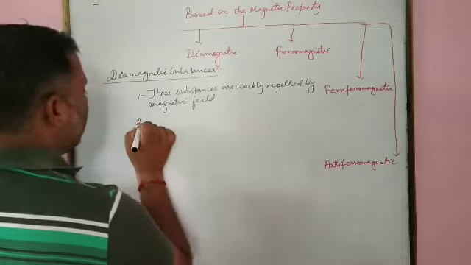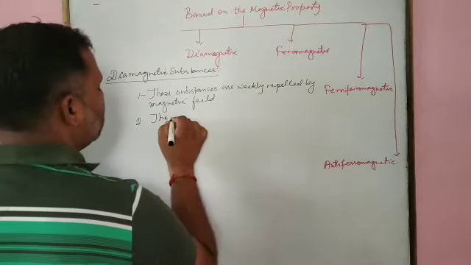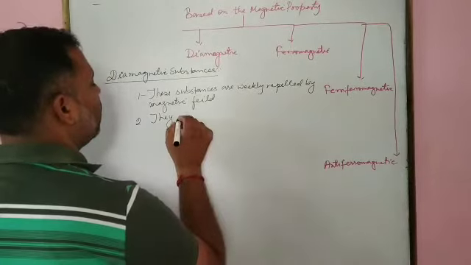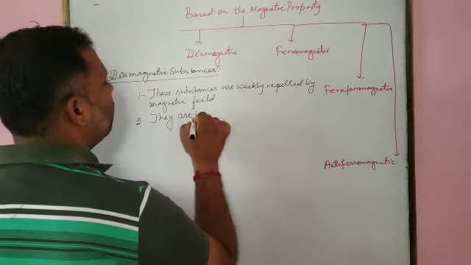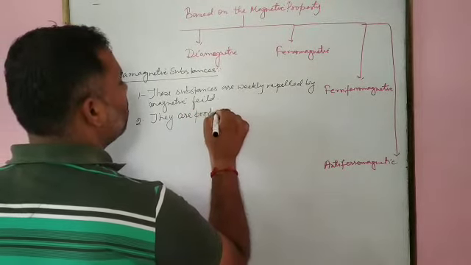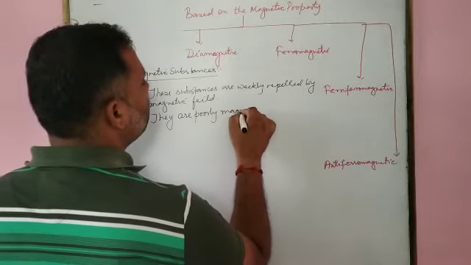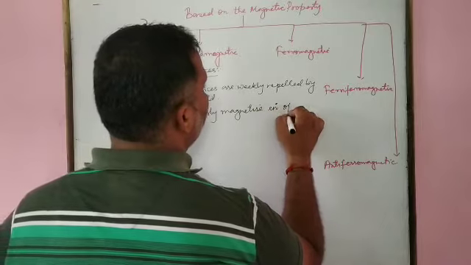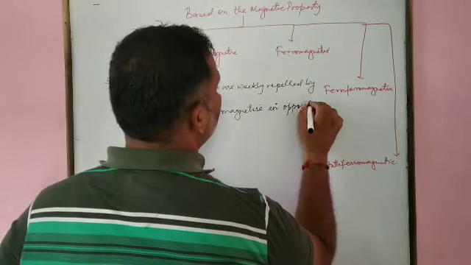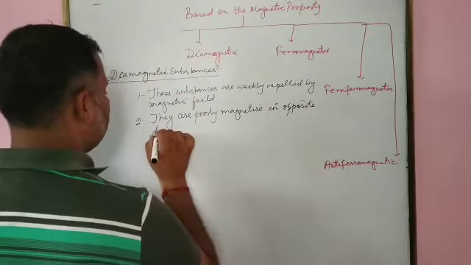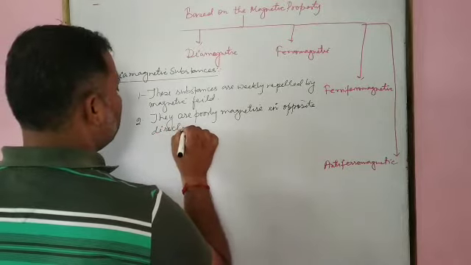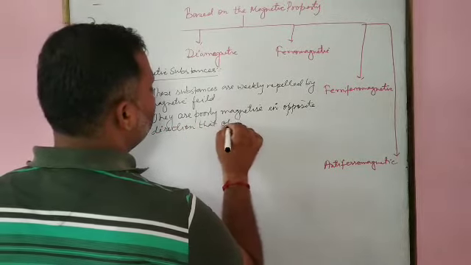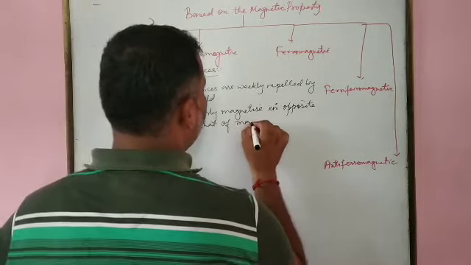The next is that they are poorly magnetized in the opposite direction to that of the magnetic field.